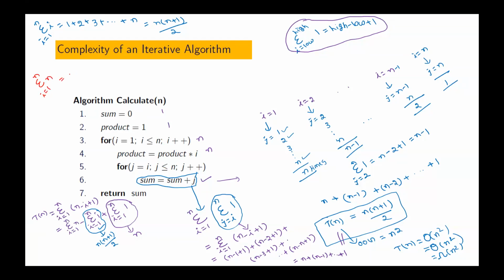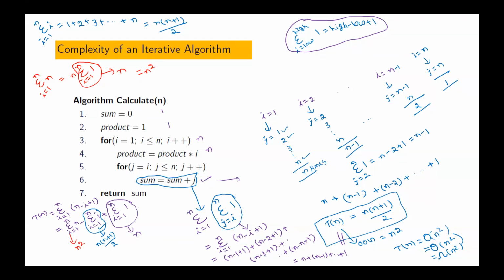N is independent of i, so we can take it outside. This can be written as n times sigma of 1, which is n. So finally this entire thing is n square. So the first part gives n square.